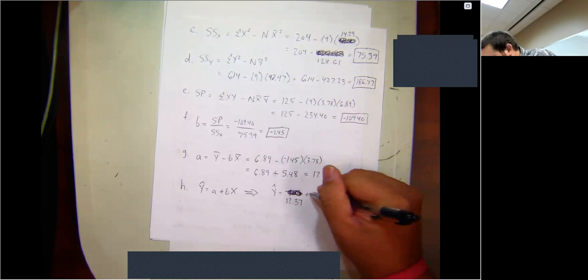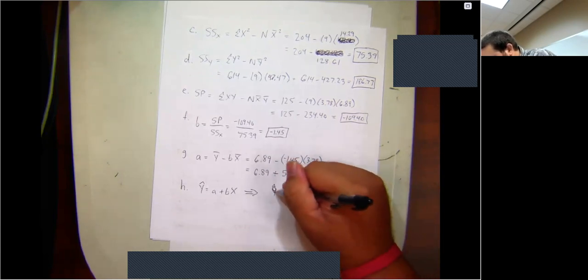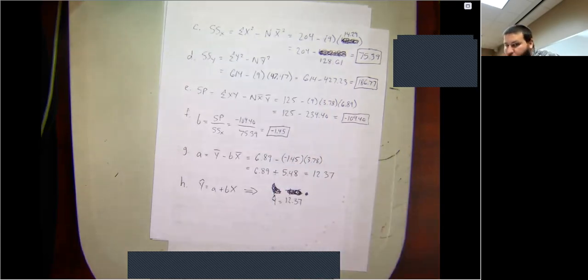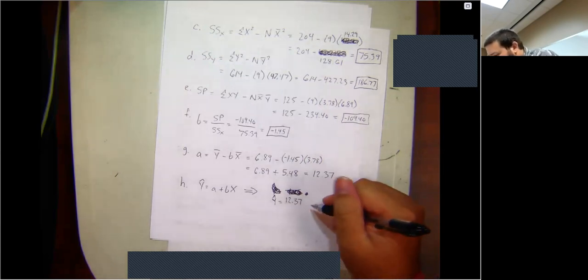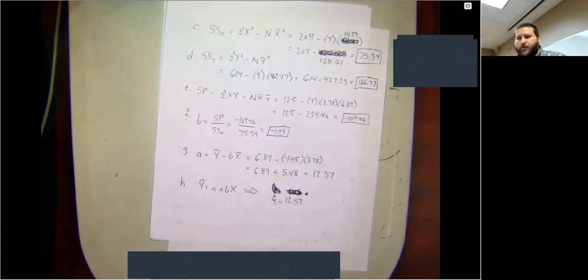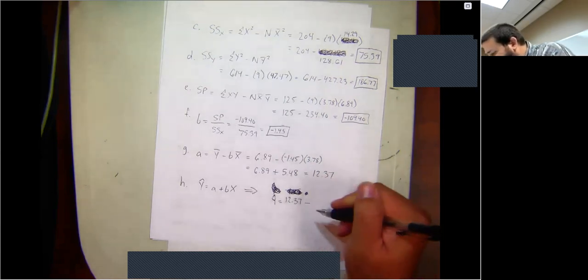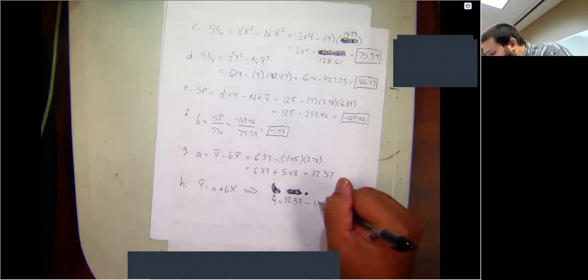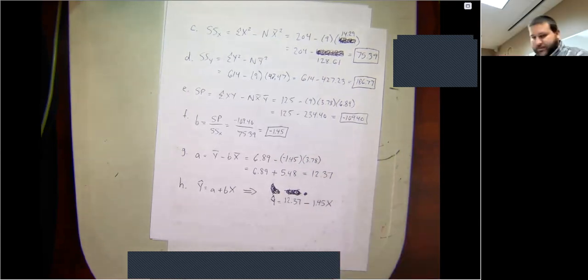Let me just move all this down. Y hat is equal to 12.37. And because b is negative 1.45, instead of plus bx, I'm just going to say minus bx. You could say plus a negative 1.45x if you want, but more correctly, it's 12.37 minus 1.45x. That's the stated regression equation.